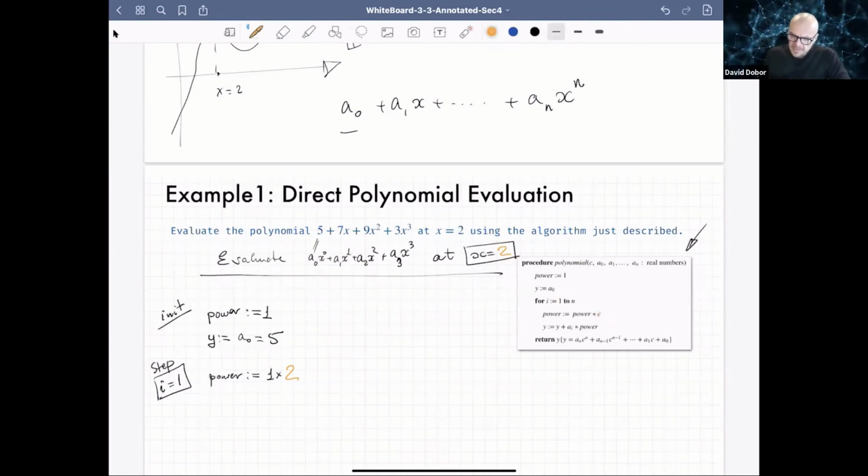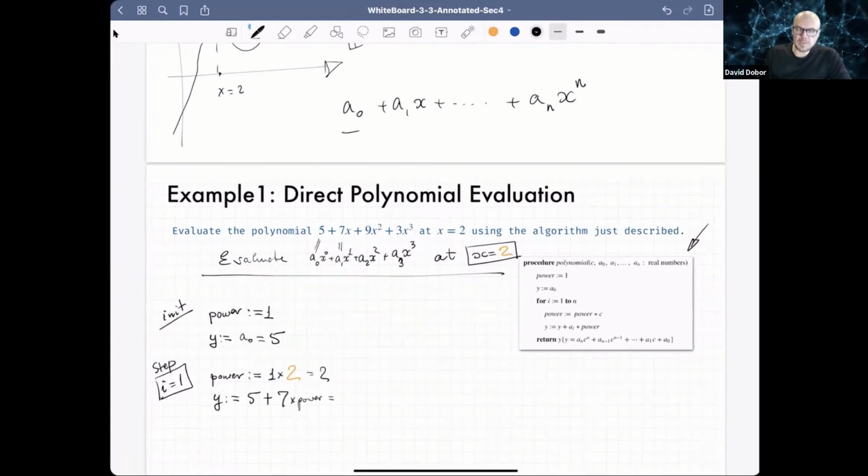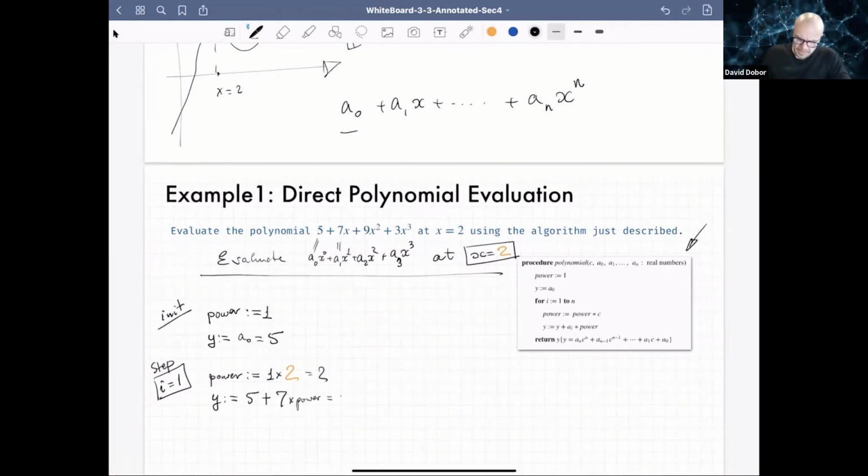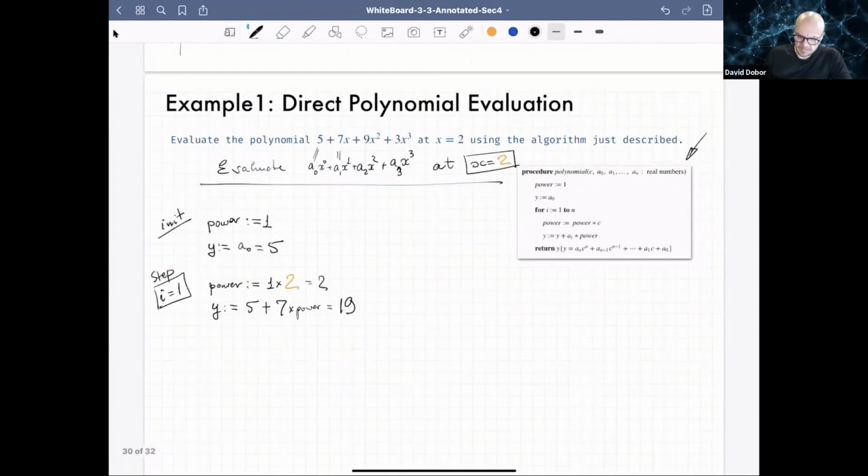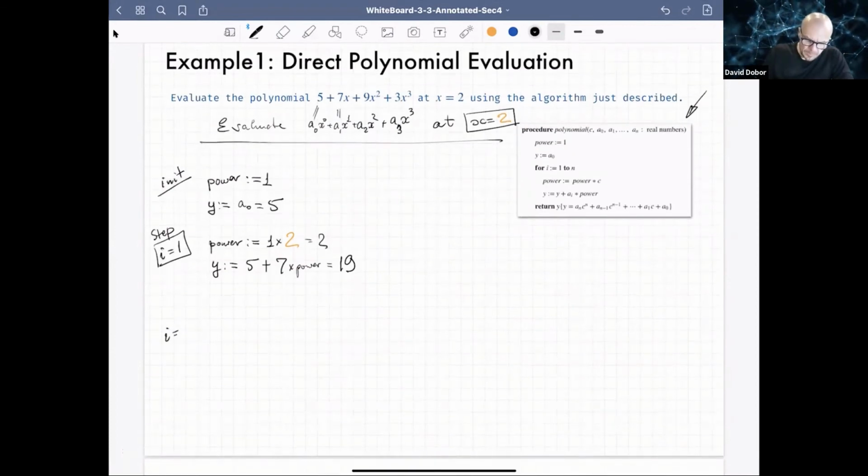And then y gets updated to whatever y was before plus a sub 1 times power. Here a sub 1 is 7, so 7 times power, which was 2. So 7 times 2 plus 5 looks like 19 to me. So that's the first step. Step 2, I equals 2. That's my step 2.